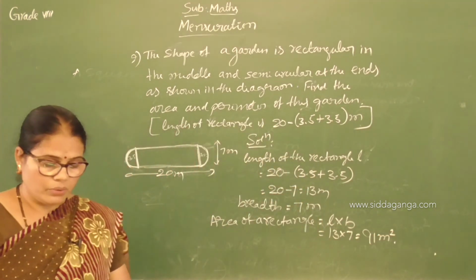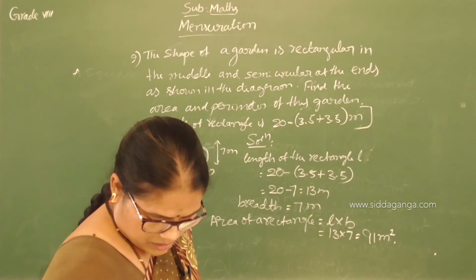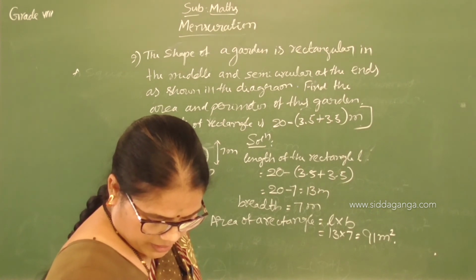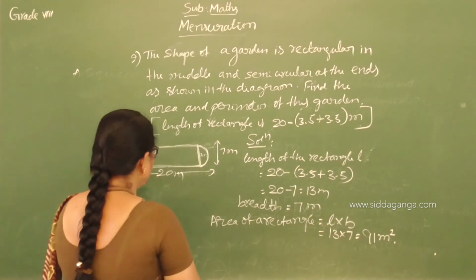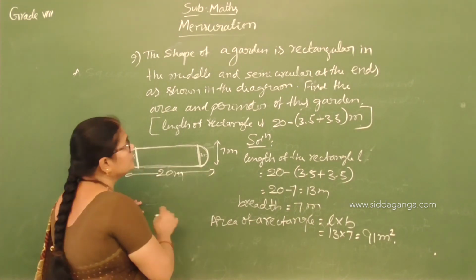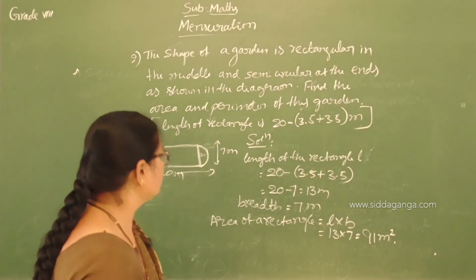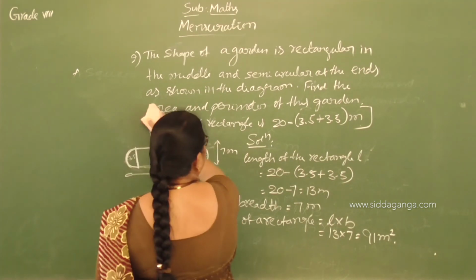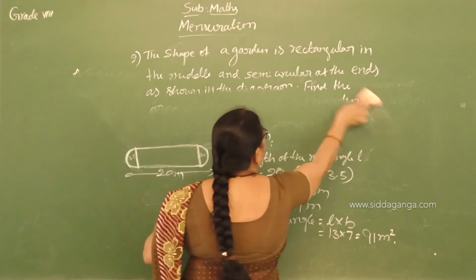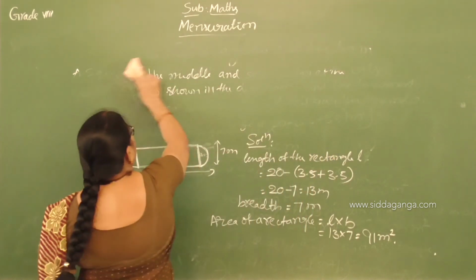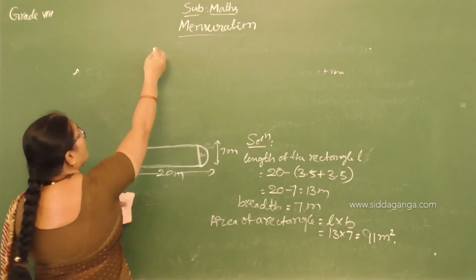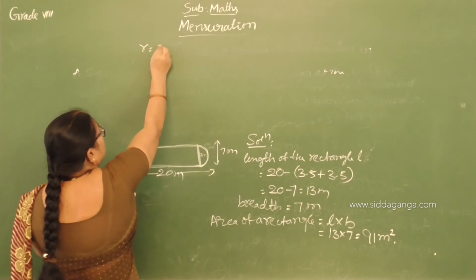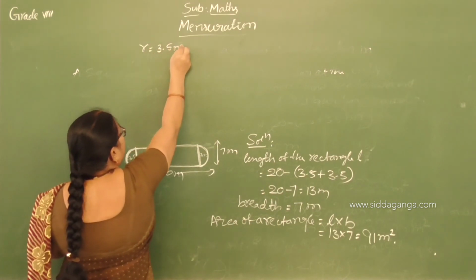Next we have to find out the area of the two semicircles. Here the radius R of the semicircle is 3.5 meters.